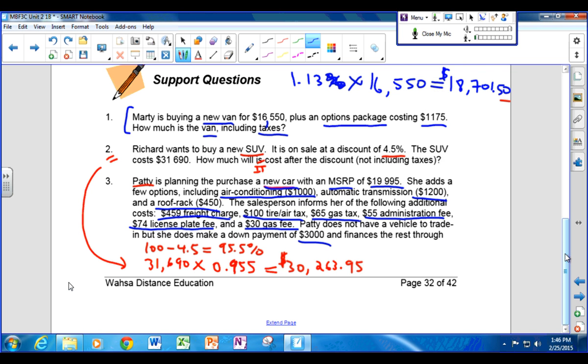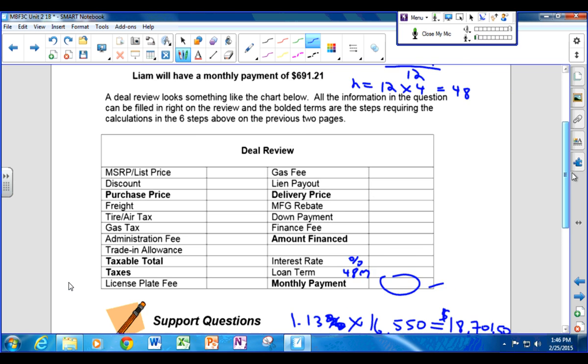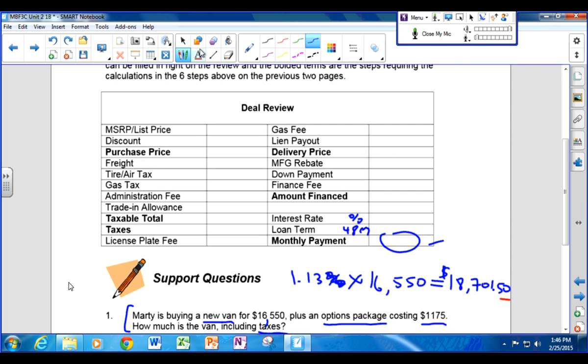Okay. Now, I'm going to do a deal review here. Let's see if I can cheat a little bit and grab a copy of the deal review. Because I'm on a PC, I may be able to do this.